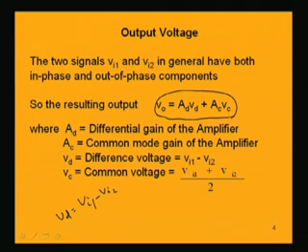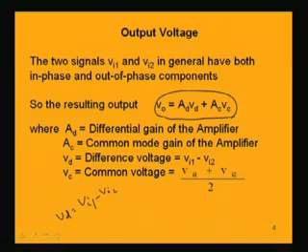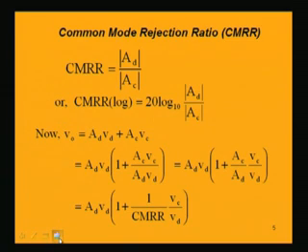AdVd plus AcVc. Now, the term which is very important in an op amp is common mode rejection ratio or CMRR. So, basically CMRR is the ratio between the magnitude of the two terms, as we have just now described, AD and AC, differential gain and common mode gain of the op amp.